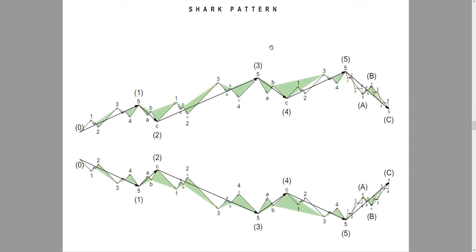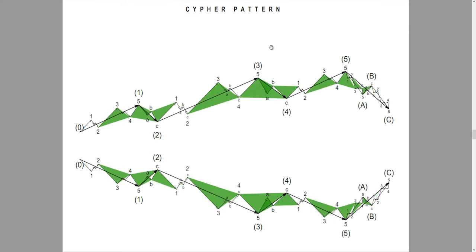Butterflies and sharks don't really lead you into a big trade. The cipher is kind of similar to Gartley with different levels, so it does work.